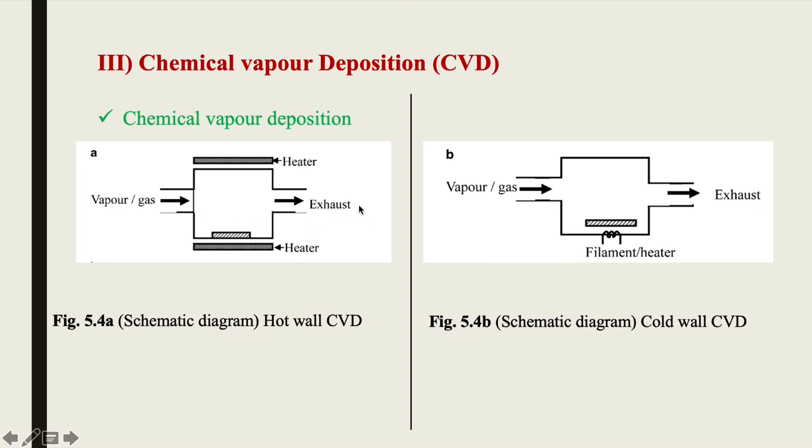The only difference is that outside the wall you will have some heater, and in cold wall you will not have this kind of heater. Now we are going to see what exactly happens during the process. As you can see in this figure, the vapor of a desired material may often be pumped into the reaction chamber using some carrier gas.